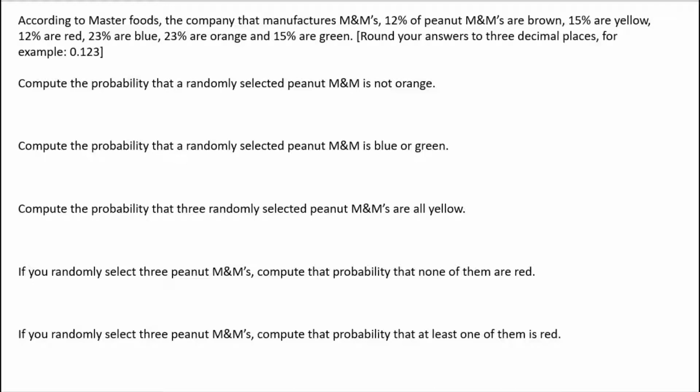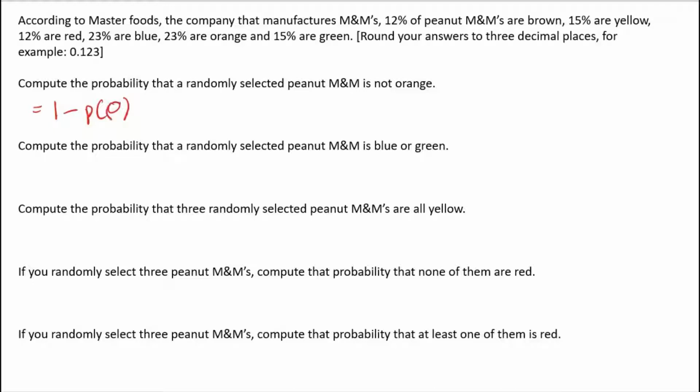In this case, we want basically to find the probability that the selected peanut M&M is any other color but orange. So we can say this is the probability: 1 minus the probability of selecting an orange, which is basically the complement of selecting an orange.